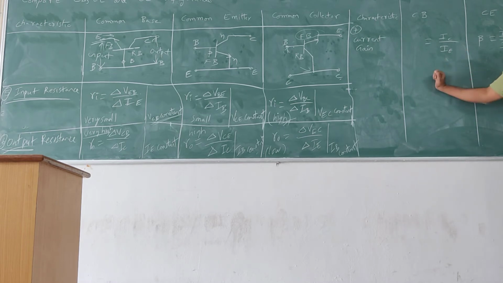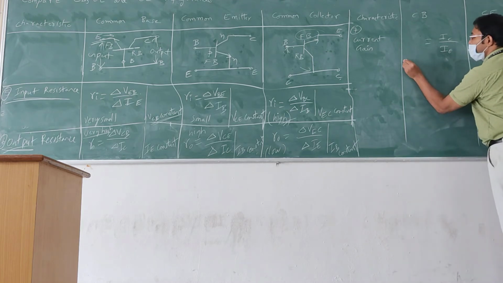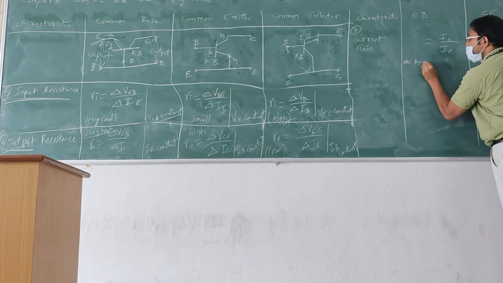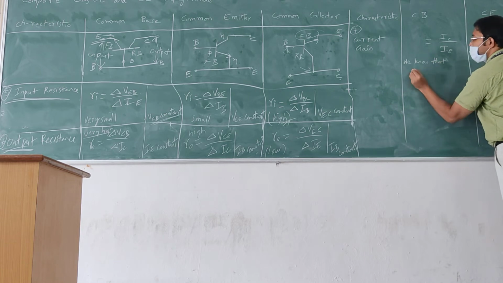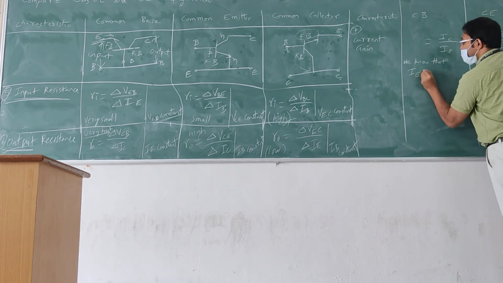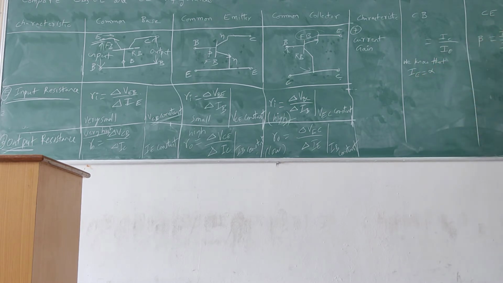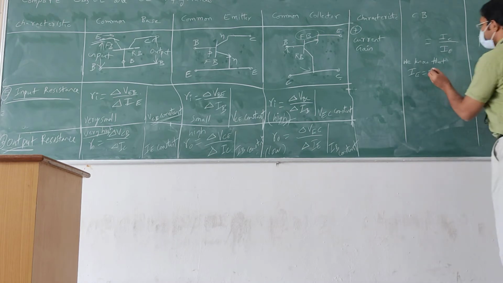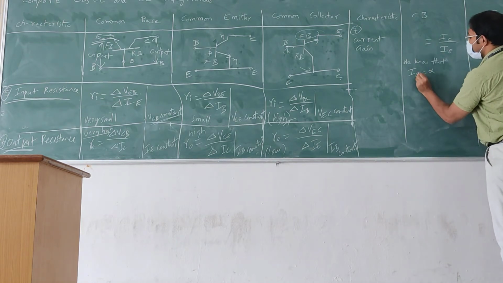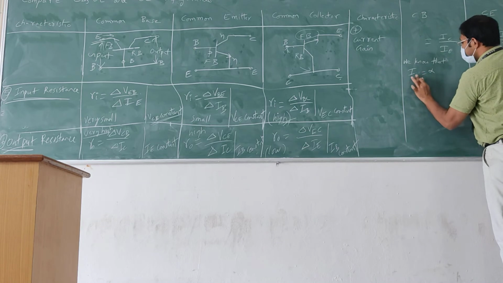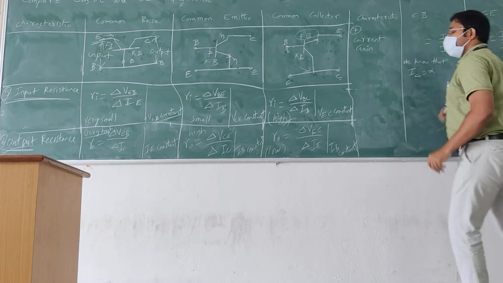Then, there is an equation with alpha in your notes. What is that? IE is equal to alpha into what plus what? See your notes.